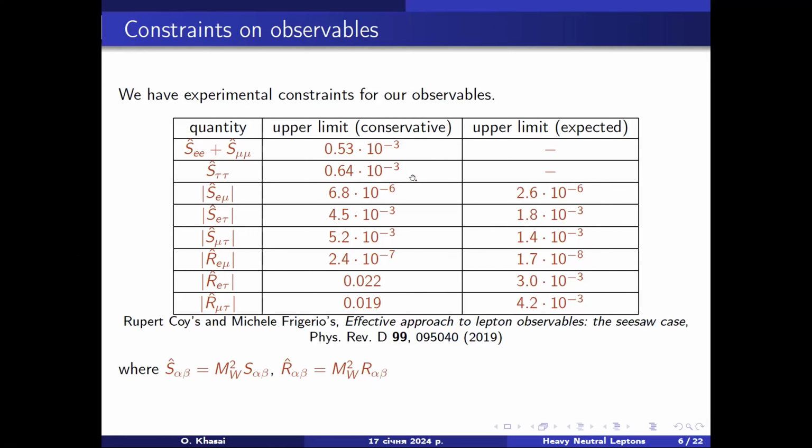The second column tells us about the constraints that we already have, and the third column talks about the constraints we expect to see. So by showing the future experiments, I meant that it is expected.